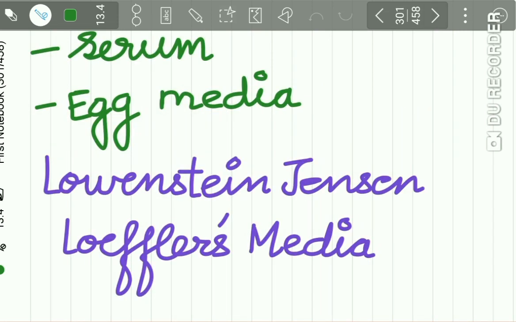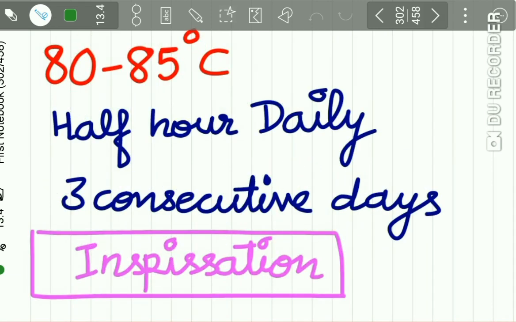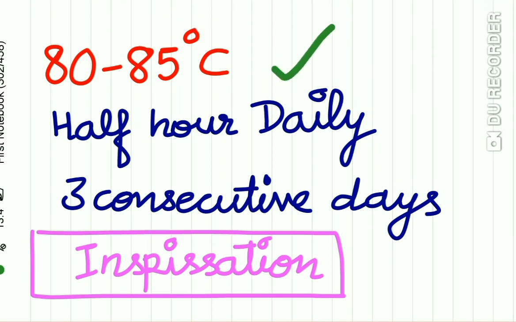Some serum or egg media such as the Lowenstein-Jensen media or the Loeffler's serum slope are rendered sterile by heating at 80 to 85 degrees Celsius for half an hour daily for 3 consecutive days.